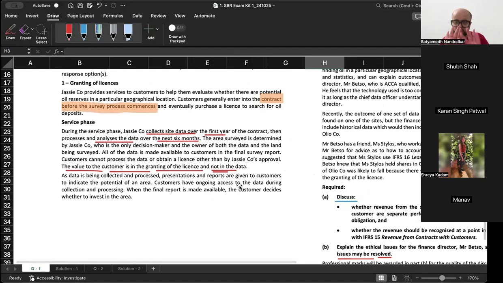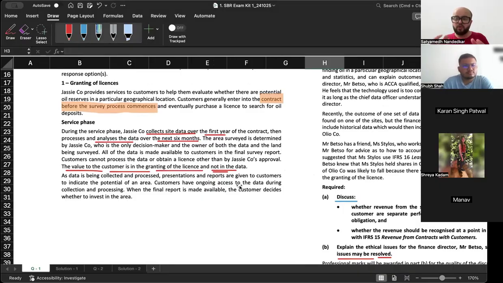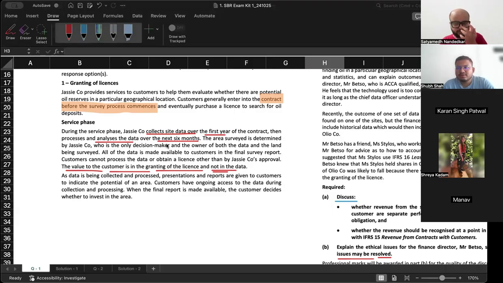Can you provide the two services separately, or they are so closely interconnected that they will make sense only when sold together and not individually? That is what you have to evaluate. Do you need to give it together, or is together the only way to go ahead, or you can sell the two services separately also?